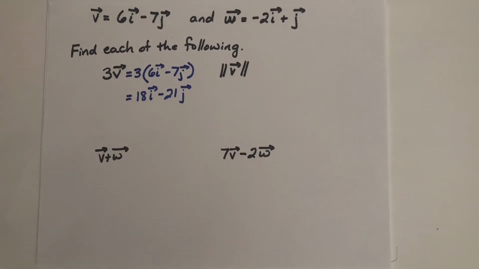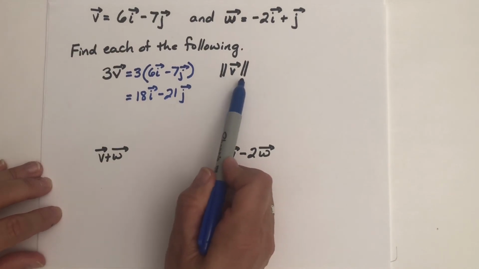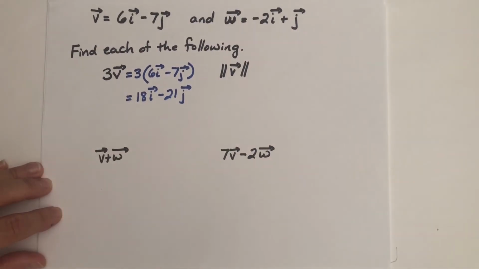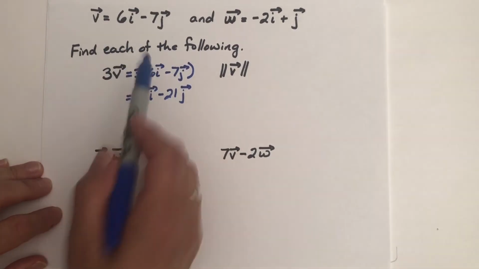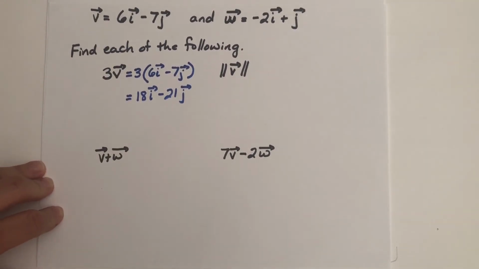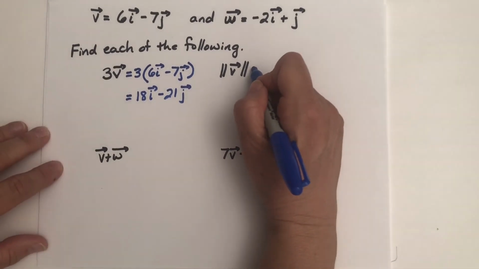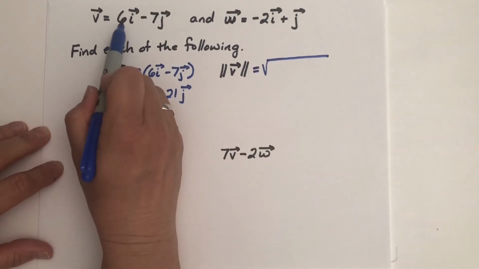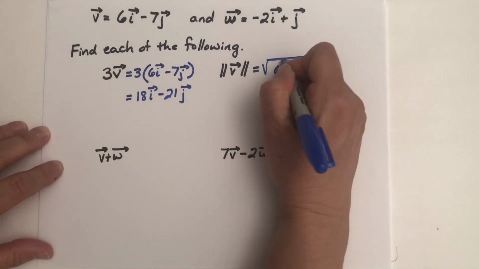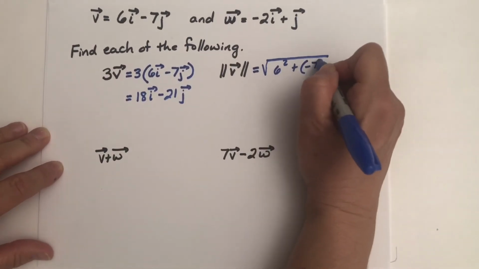Let's move on. Let's do the next one. We're going to find the magnitude of v. Again, it is not a different problem just because I'm using this ij notation instead of the chevron notation. We're going to find the magnitude of v by taking the square root of 6 squared plus negative 7 squared.